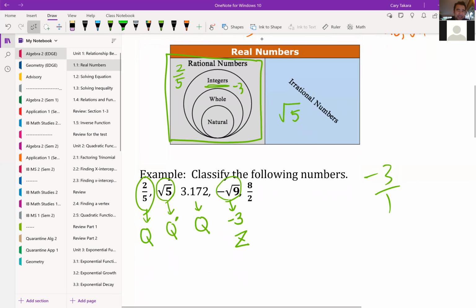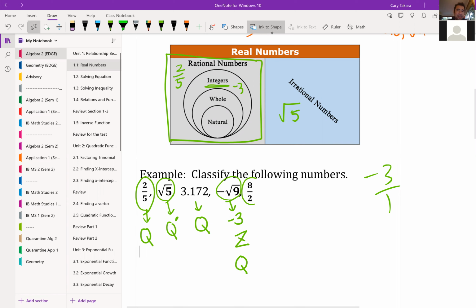So it is also a rational number. So some numbers do have multiple identities, okay? So negative square root of 9 is considered as integers and rational numbers.